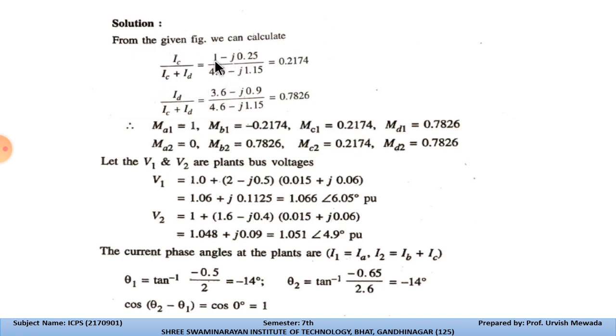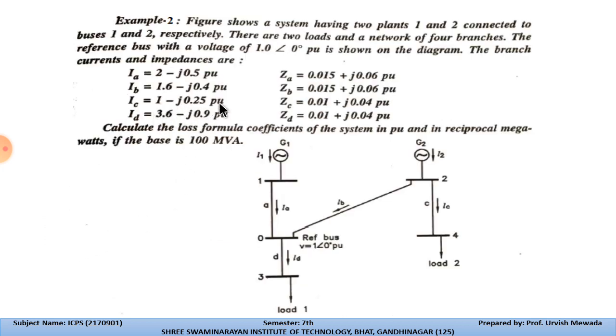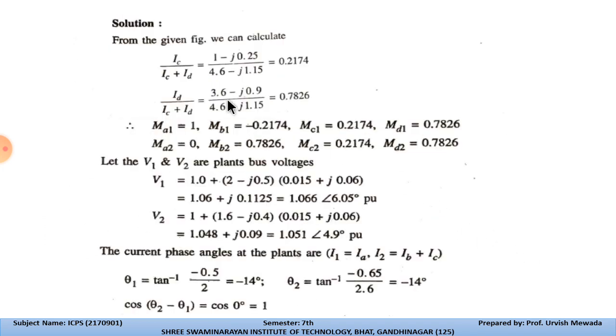IC is 1 minus j0.25 and IC plus ID is 4.6 minus j1.15, so the ratio IC upon IC plus ID is 0.2174. And ID upon IC plus ID: ID is 3.6 minus j0.9 and IC plus ID is 4.6 minus j1.15, which gives 0.7826.